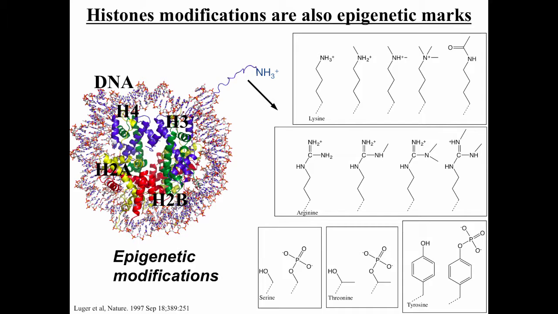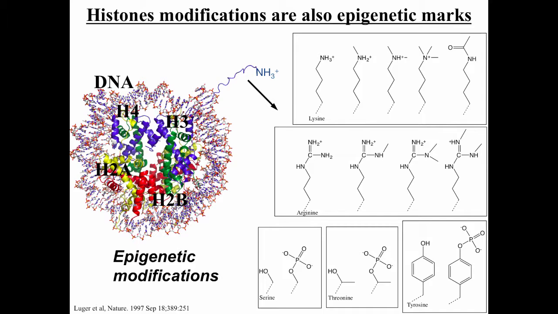You can imagine that would increase the hydrophobicity of the lysine. Or it can acquire an acetyl group, so it can become acetylated. Acetylation neutralizes the positive charge of the lysine residues, which influences chromatin compaction. Arginines can become monomethylated or dimethylated, in the flavors of asymmetric and symmetric methylation.